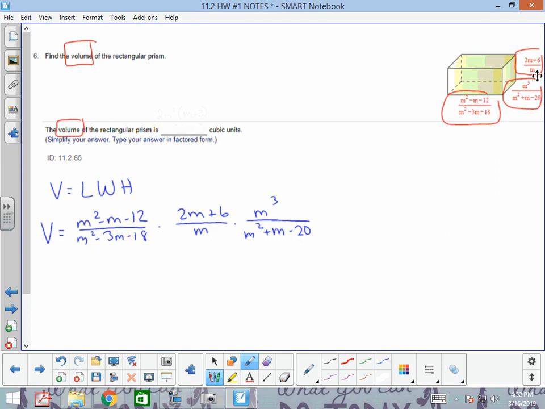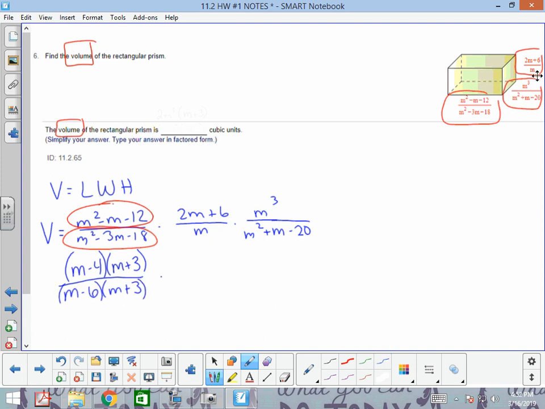All right, so what we're looking at is factoring. We're going to start with factoring the numerator of the first fraction: m minus 4, m plus 3. And then factor the denominator of the first fraction: m minus 6, m plus 3.